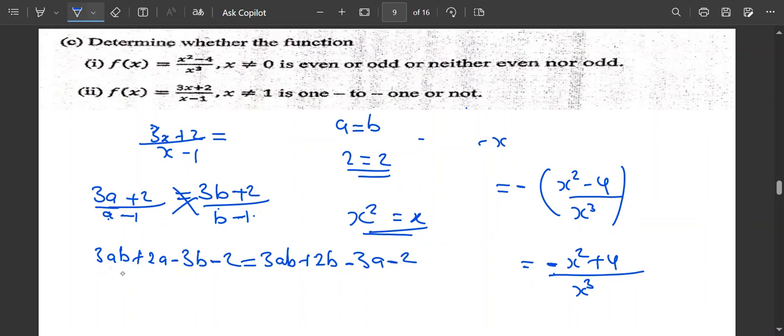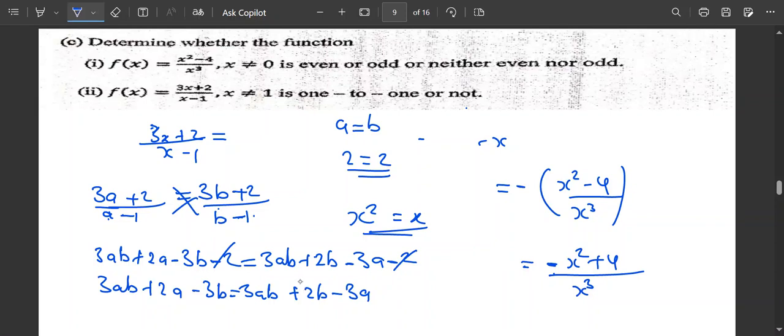Okay, then from there we can group the like terms. We can see that if this 2 goes there, it will be positive, so this 2 and this 2 will go. So I'll say 3ab plus 2a minus 3b is equal to 3ab plus 2b minus 3a. Have you seen?